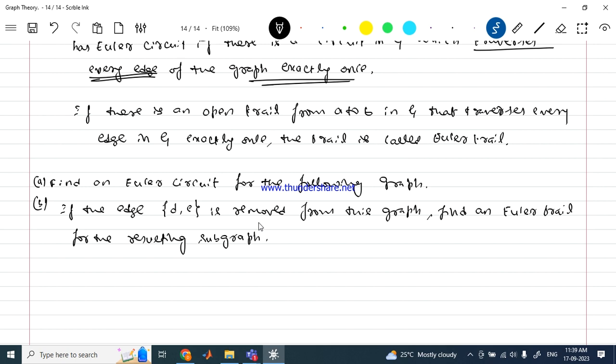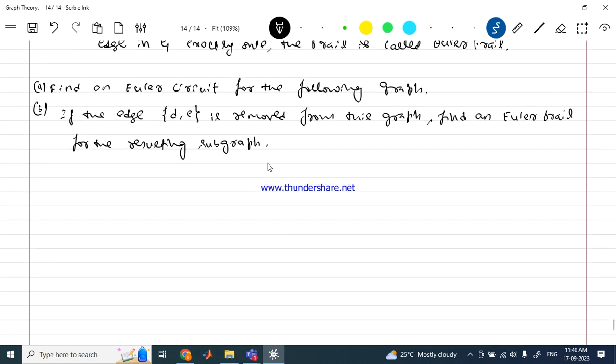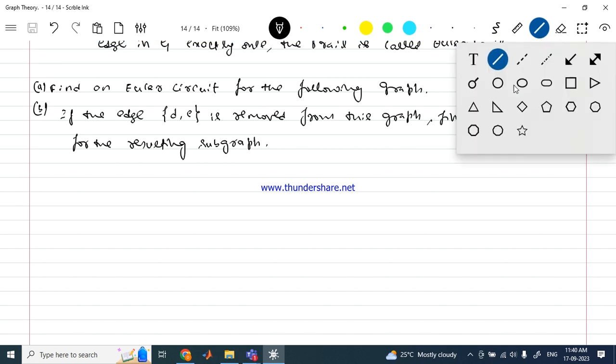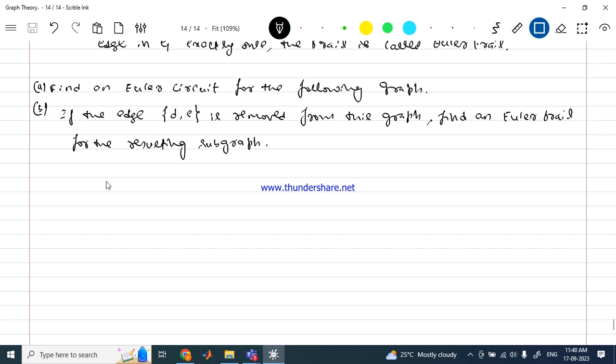Actually, it is no way connected to isomorphism. It's actually a problem on a trail and circuit. And this is what the question is. This is the given graph.